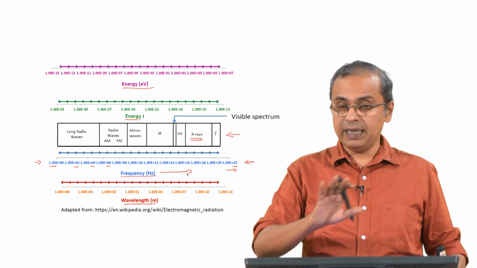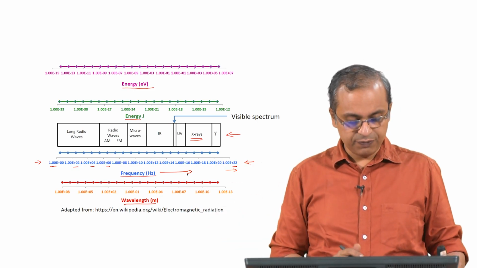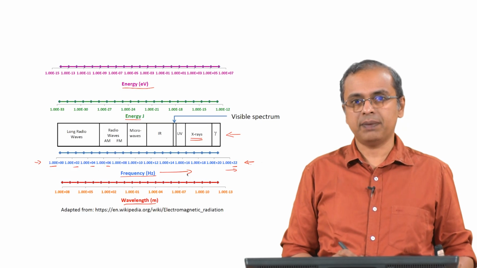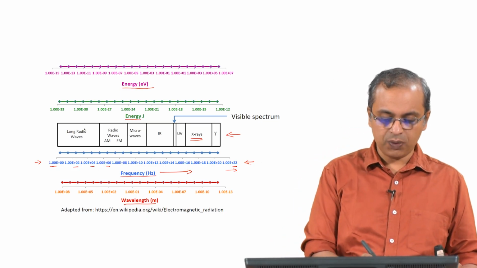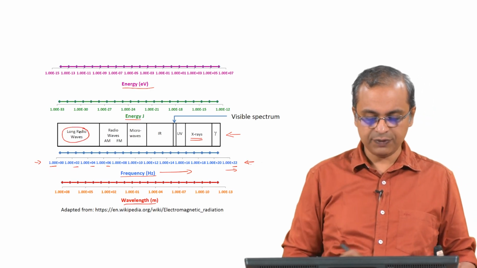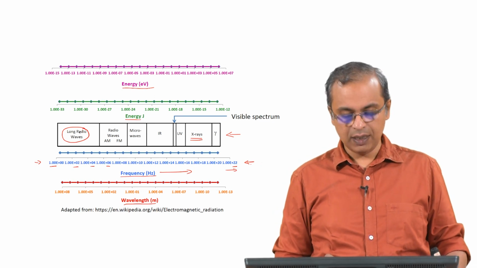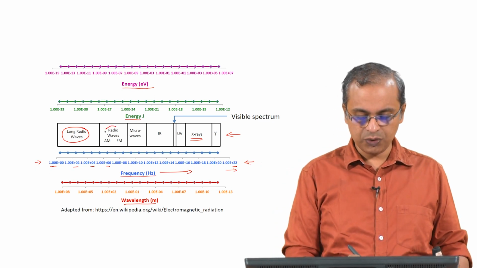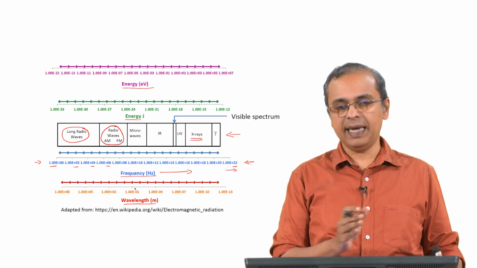So, if you look at the range of frequencies that is represented in the scale here, you find at the lowest of the frequencies that I am mentioning in this image, we have what we refer to as long radio waves. That is what you see here. And then if you come to little higher frequencies, you get the radio waves that we traditionally use, and there you have the AM and the FM.